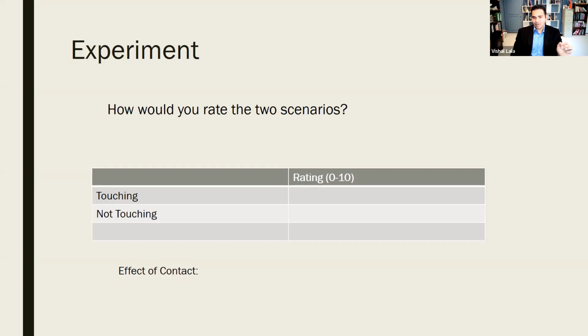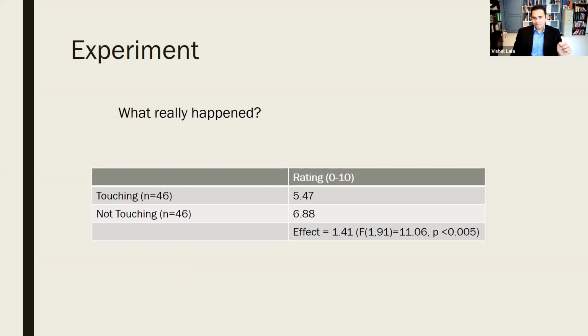And here's what they found. Excuse me, I mentioned earlier incorrectly that there were 30 and 30 in each classroom. There are 46 and 46 in each classroom. So pardon me for that. The rating of the box of cookies for the touch condition was 5.47.